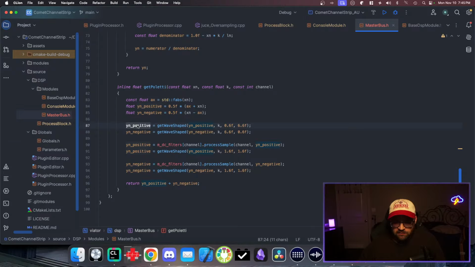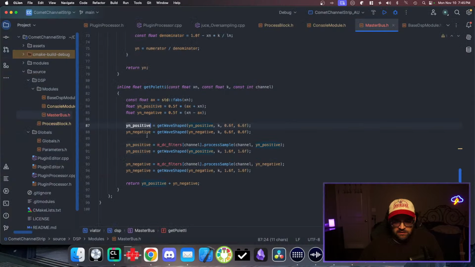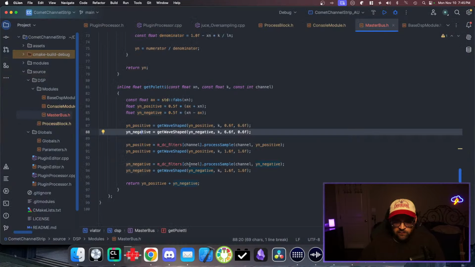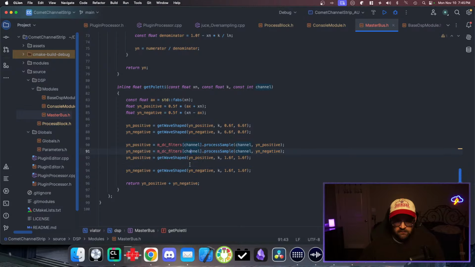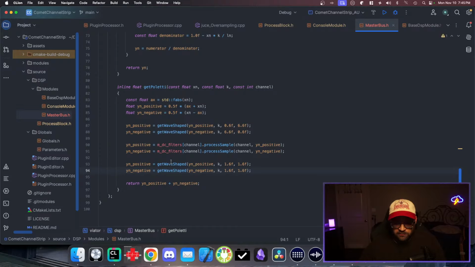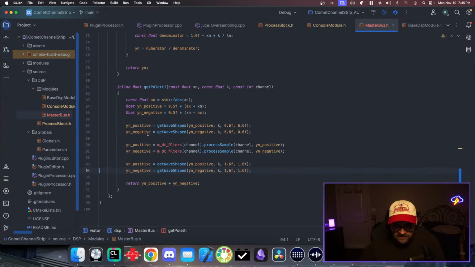So this line right here would be this. And the second line, this one, would be this. Then we do our two filters. And then we do the second blocks, these two. But isn't this the same as what just happened? Or how it was just a minute ago? Let's build.